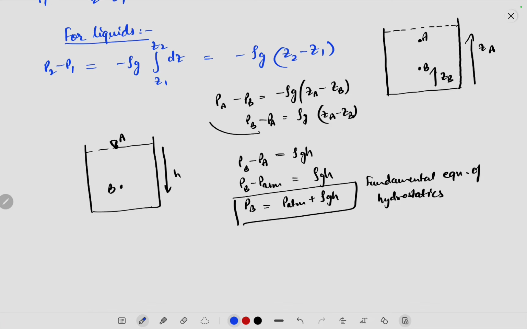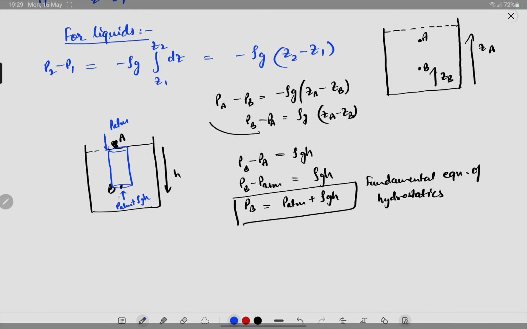So this expression tells me that if I have, let's say, a volume element in my fluid, then the pressure at this one would be, if the pressure here is P atmosphere, then the pressure here would be P atmospheric plus rho gh.